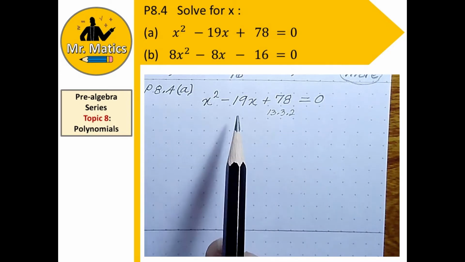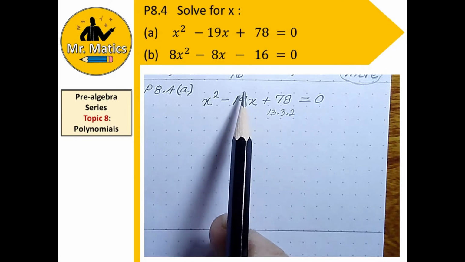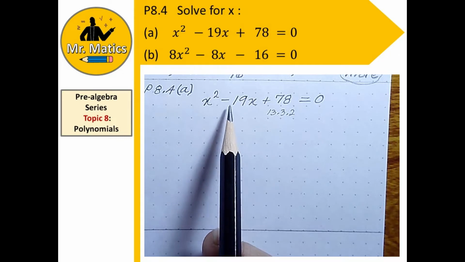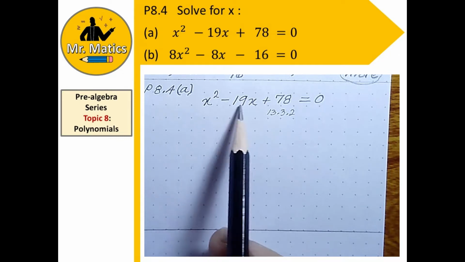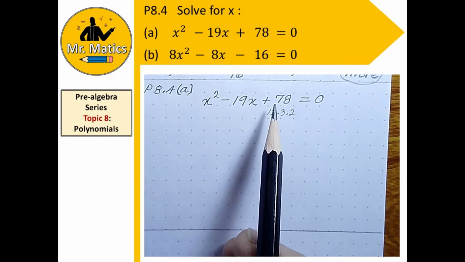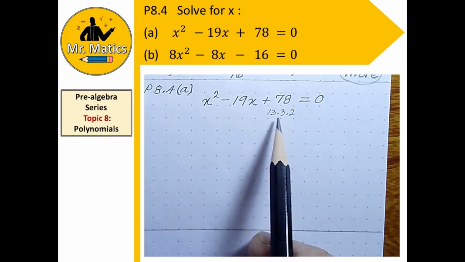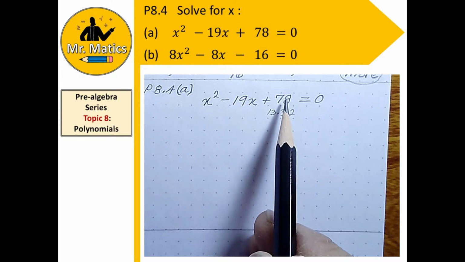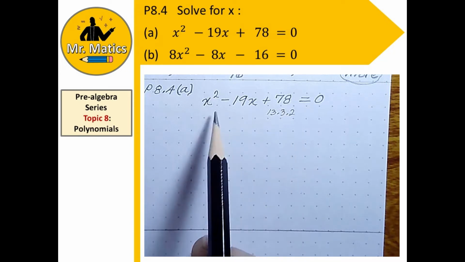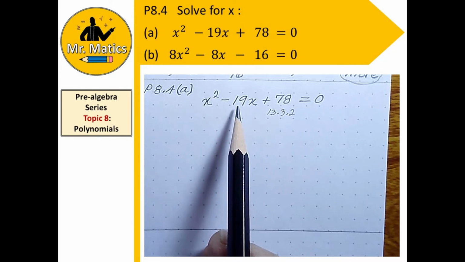So how can I rewrite 19 into two parts such that the product of them would give you 78? I can write it into 13 and 6, because 13 times 6 gives you 78, and 13 plus 6 gives you 19.